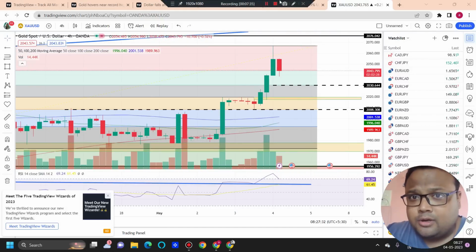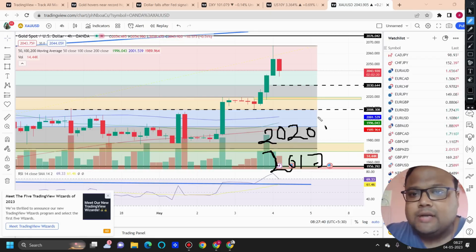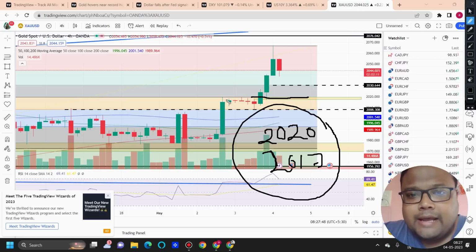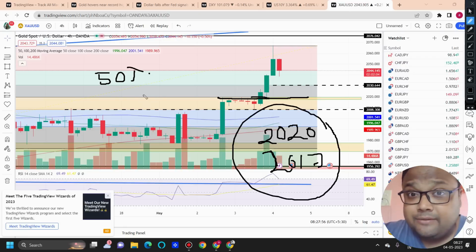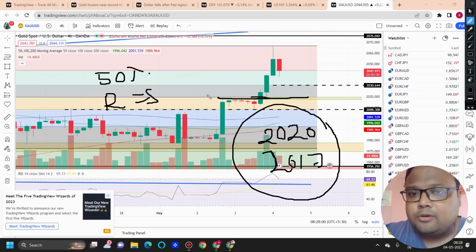The next support on the chart of gold is around 2020 to 2017. This is also a support on the chart of gold right now, and the reason is Fibonacci 50. Yes, we have Fibonacci 50 around this level, and you can see temporarily yesterday before the news, this level was acting as a support. So we have Fibonacci 50% retracement level, then previous resistance to act as support.